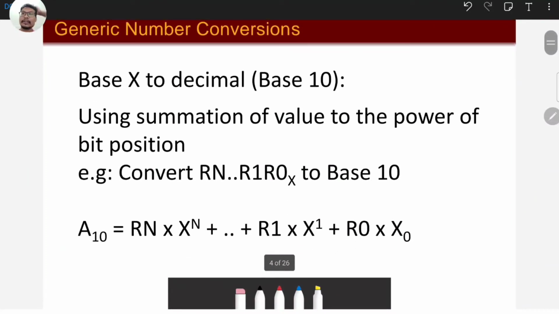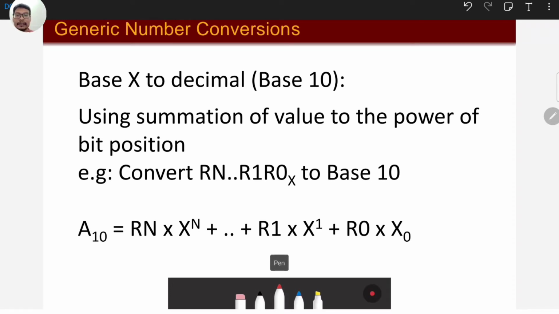What about the other way around? Given a base x number, how do we convert it into a base 10 number? In this case, it is quite similar to what we have seen last week. In general, we use the summation of value to the power of the bit position.